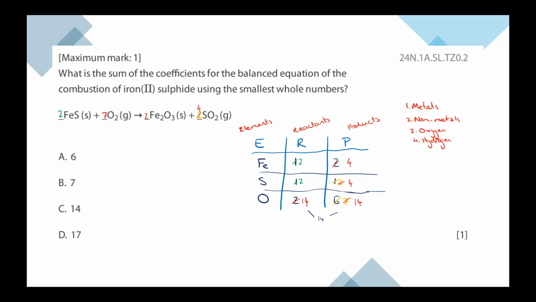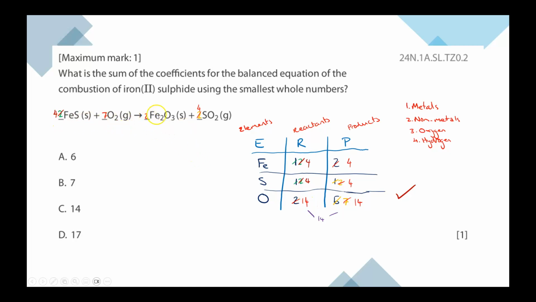So this gets us 14 oxygens on this side, 14 oxygens on this side. Now, you'll notice we've unbalanced our irons and sulfurs, but luckily they're stuck together over here. So we just do a quick little bit of maths on the left-hand side by changing the coefficient over here to 4. Now we have 4 irons, 4 sulfurs, 14 oxygens.